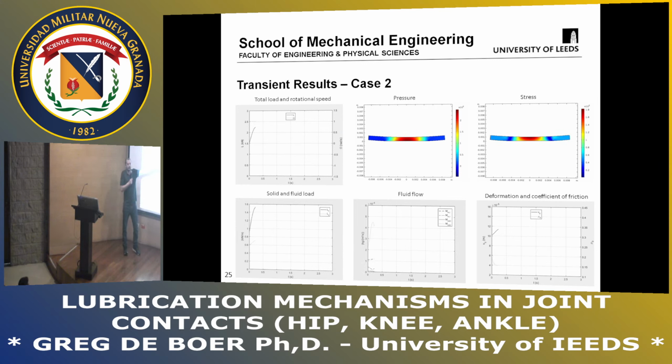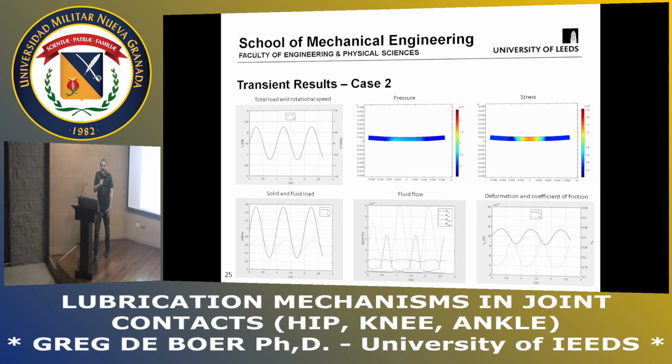The fluid response is faster than the solid. And that's confirmed by this graph down here, which shows you that the fluid load carried by the fluid pressure varies a lot more, whereas the solid load is not constant, but it's not varying anywhere near as much as the fluid load is.